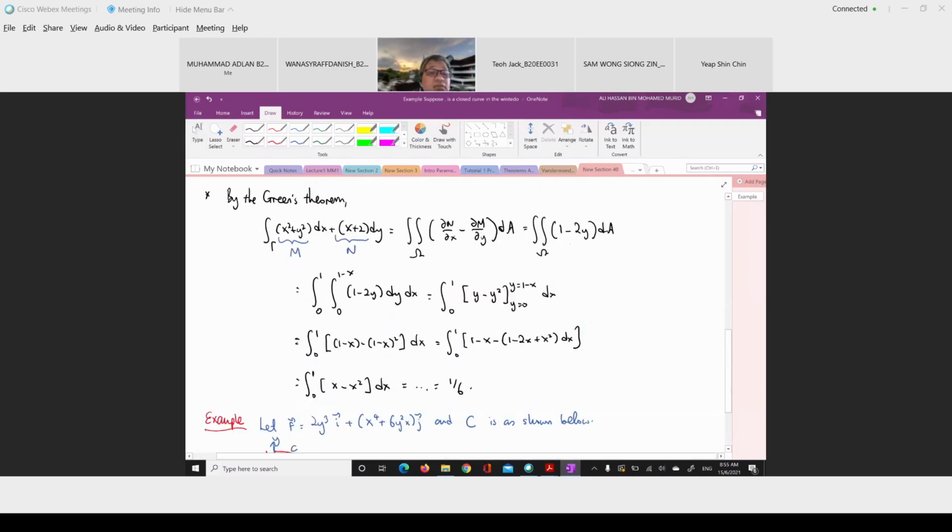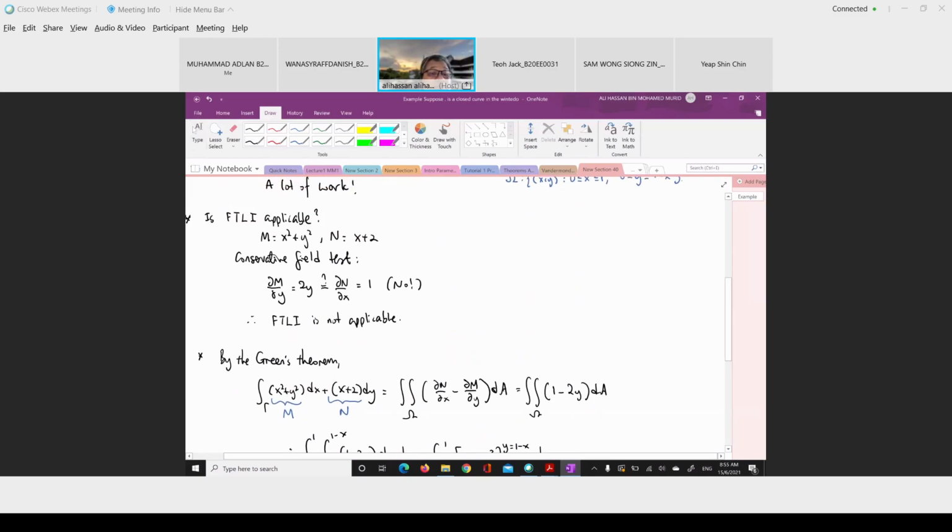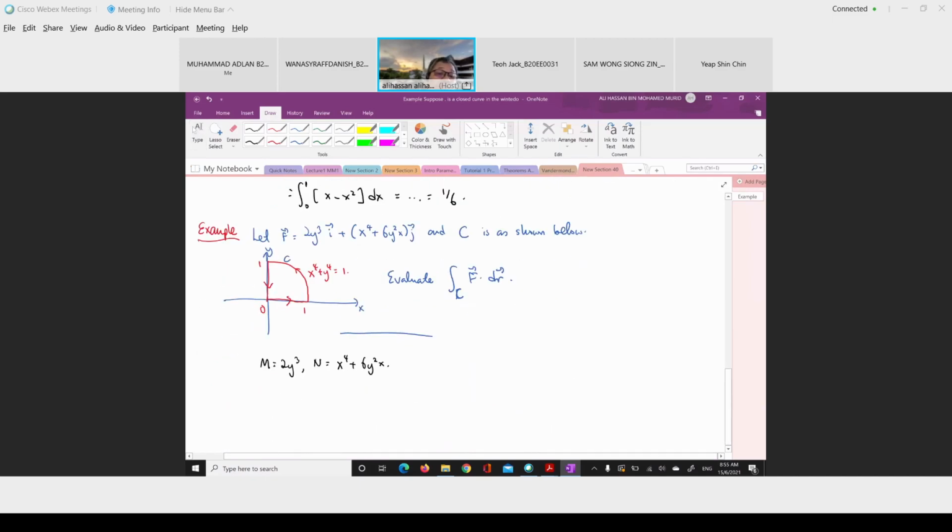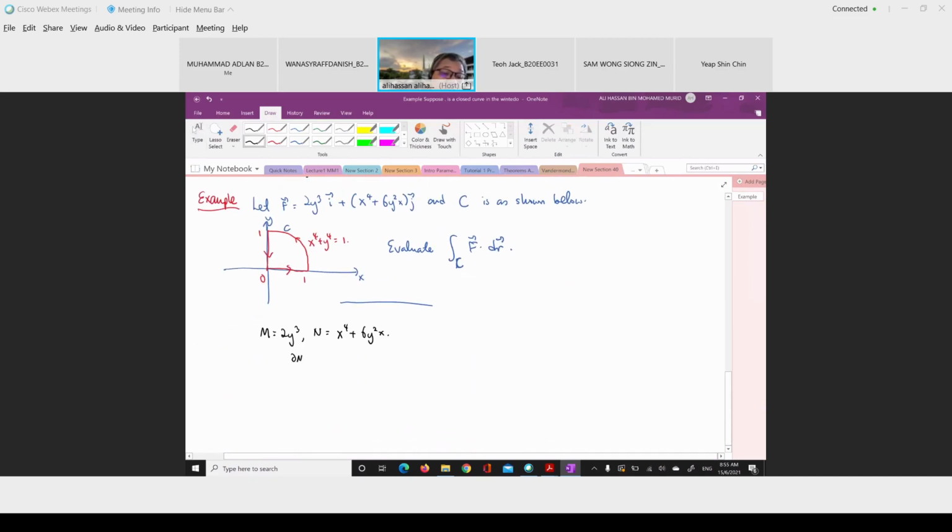Remember from the previous example, M partial y equals N partial x. So M partial y is equal to 6y squared. Is it equal to N partial x, which is 6y squared also, isn't it? It is equal, right?